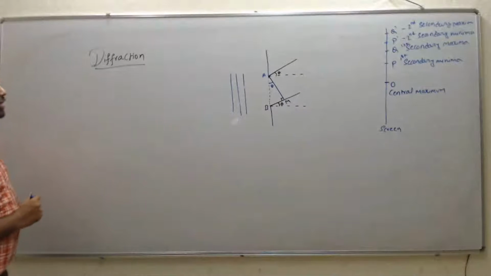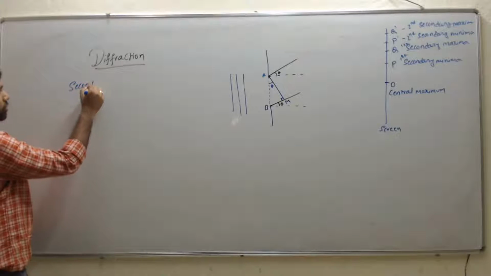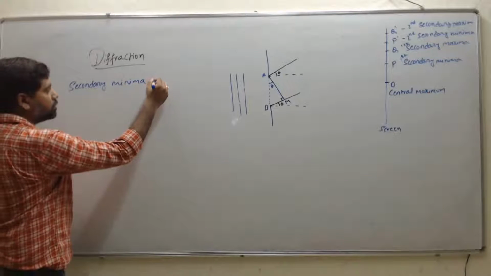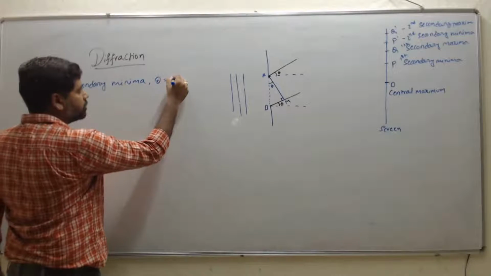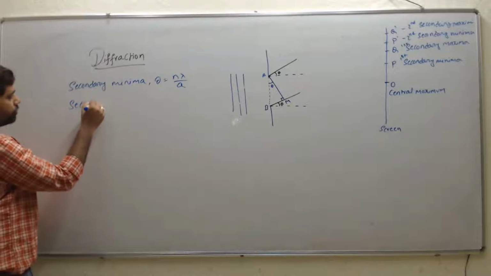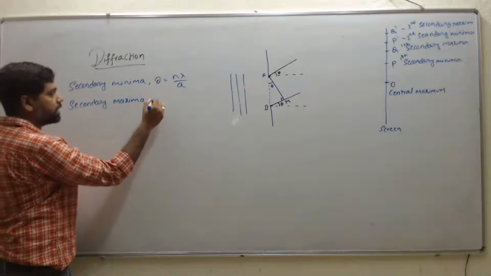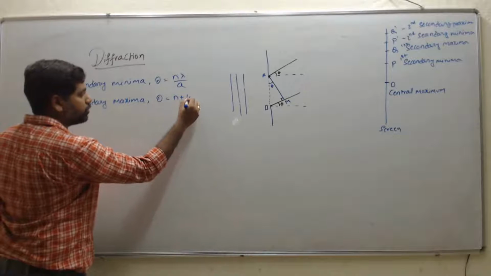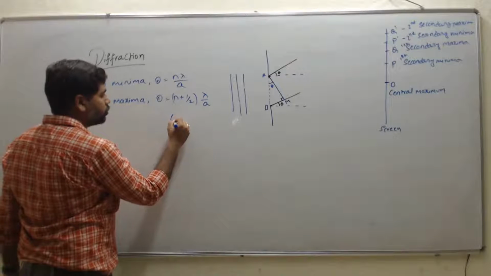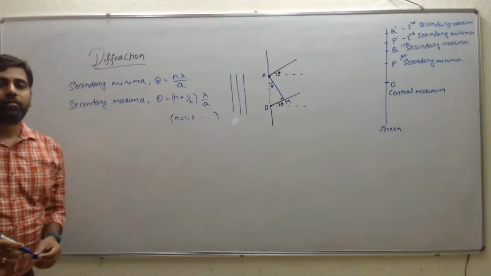so if you write the conditions here, for the secondary minimum, theta equals n lambda divided by a. For secondary maxima, theta equals n plus 1 by 2 into lambda by a. So in these two cases, n values vary from 1, 2 and so on.